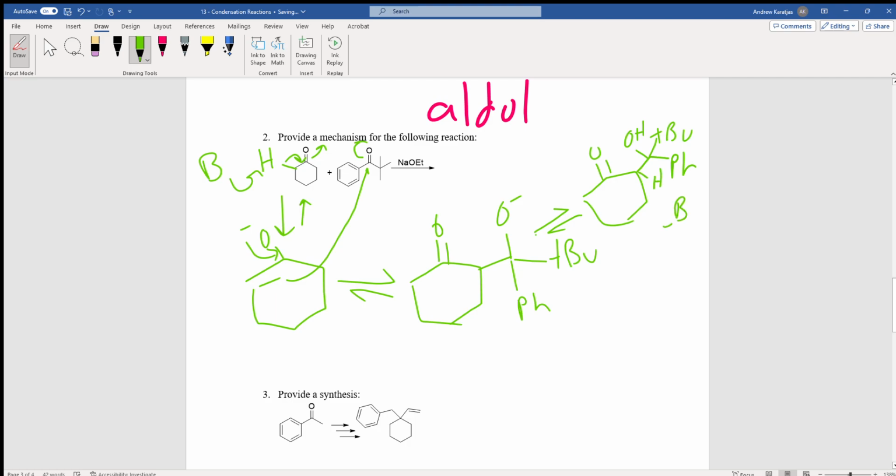So base grabs this, we form another enolate. And that enolate will kick out our leaving group.